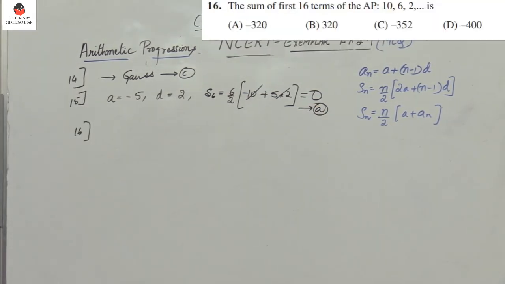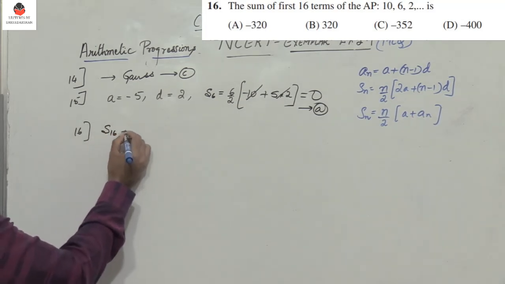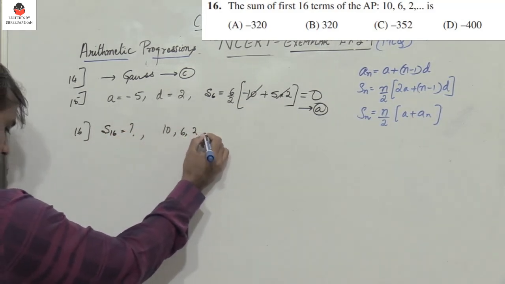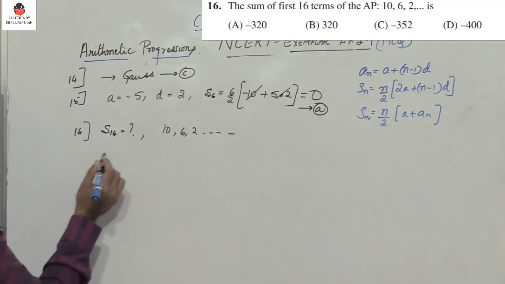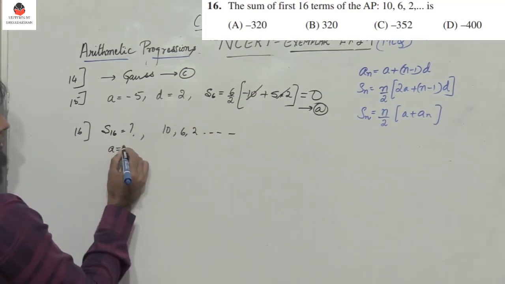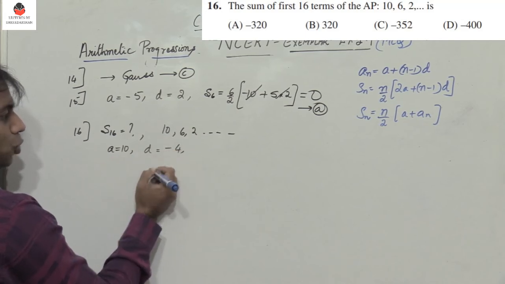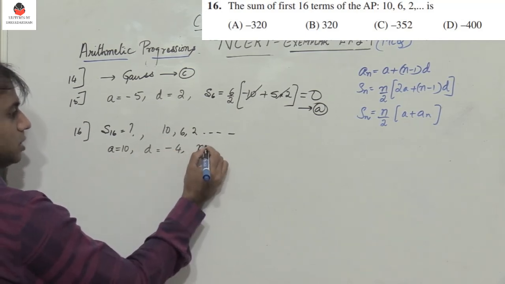16th one, the sum of the first 16 terms of an AP. So we need S16 and the arithmetic progression is 10, 6, 2, etc. So here A is 10. And what is D? D is 6 minus 10, which is minus 4. And N is of course 16.